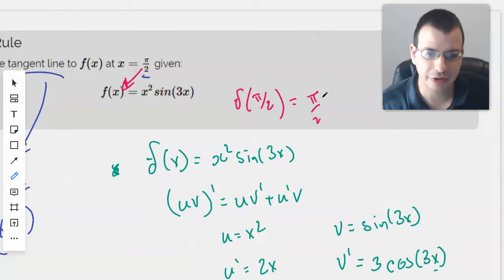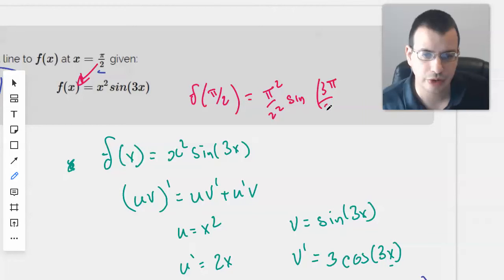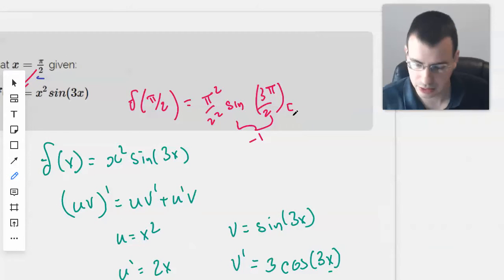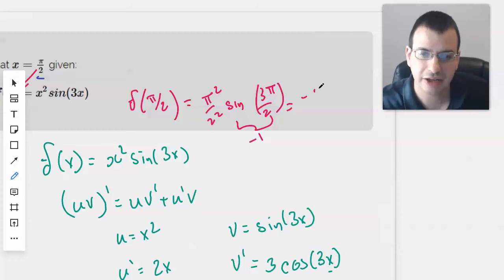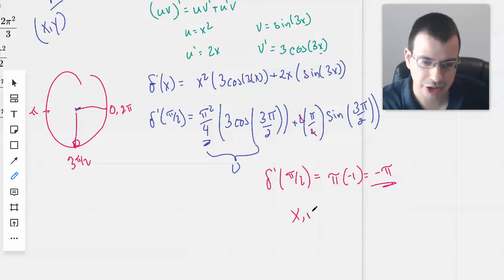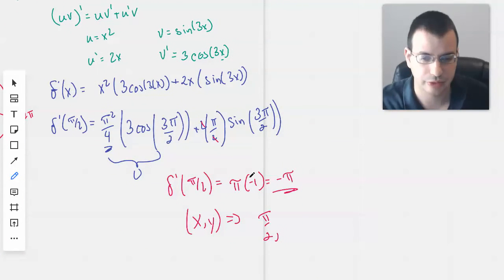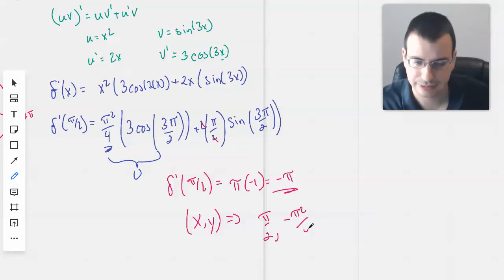So now I have pi over 2 squared times sine of 3 pi over 2. As we've decided earlier, this is negative 1, and so this will be negative pi squared over 4. So the point that we're going to work with is (x, y) equals (pi over 2, negative pi squared over 4).